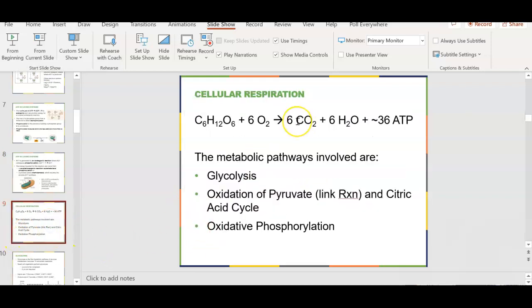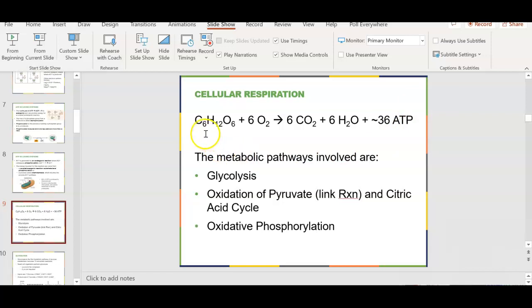Here is cellular respiration in a nutshell. We have the chemical formula, where one molecule of glucose combines with 6 molecules of oxygen, forming two waste products, 6 molecules of carbon dioxide and 6 molecules of water, and then the desired product, approximately 36 molecules of ATP.